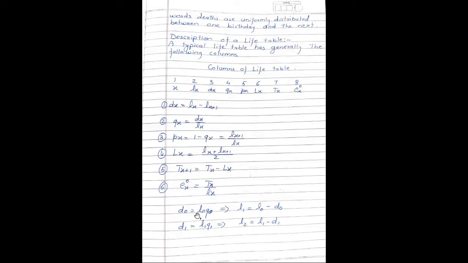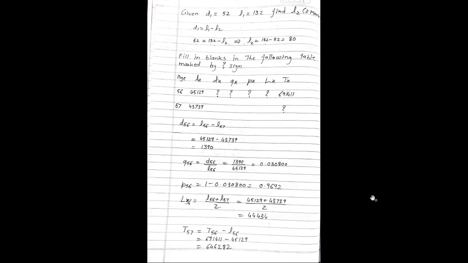d0 is equal to l0 q0. l1 is equal to l0 minus d0. d1 is equal to l1 q1. Therefore, l2 is equal to l1 minus d1. See the example. Given that d1 is equal to 52, l1 is equal to 132. We have to find the value of l2, and the question is for 2 marks.